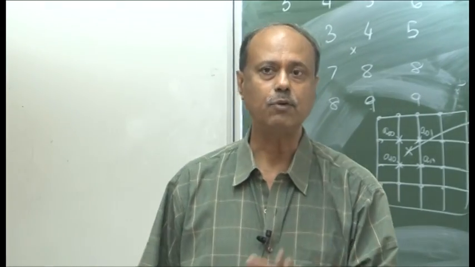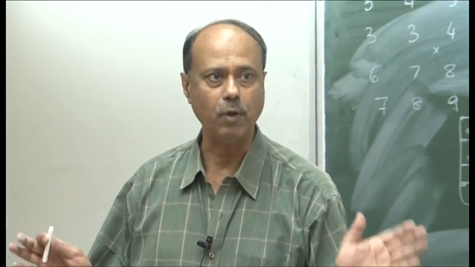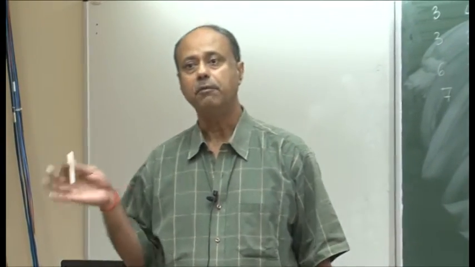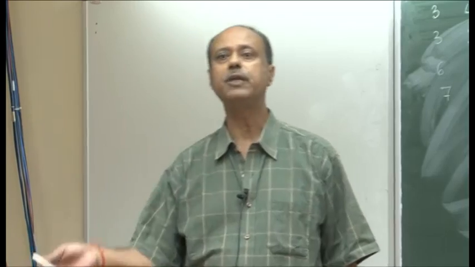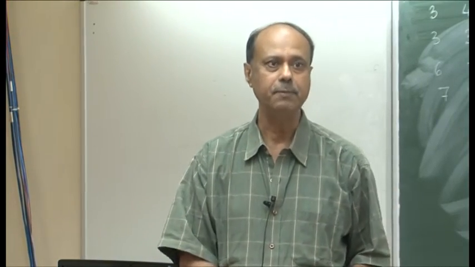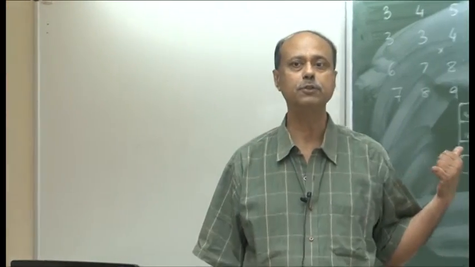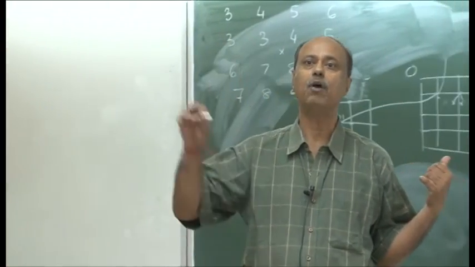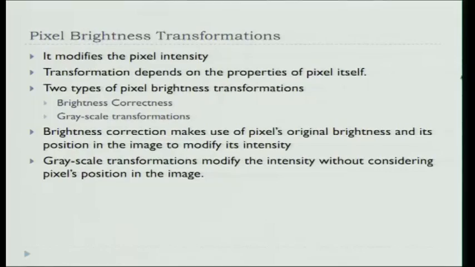Once you have defined that, you have one input coordinate system and another, the output coordinate system. From the output coordinate system, you try to map into the input coordinate system and use one of the three methods to get the intensity value of the output coordinate system. That is the strategy.